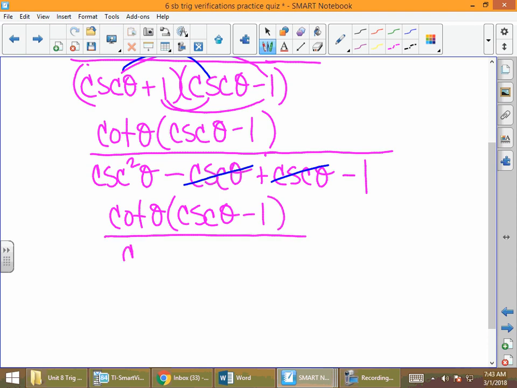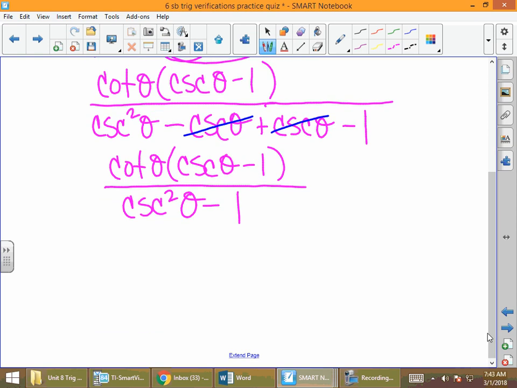But what we're trying to do when we multiply by the conjugate is we're trying to get a Pythagorean identity. So the question now becomes, what does cosecant squared theta minus 1 equal?